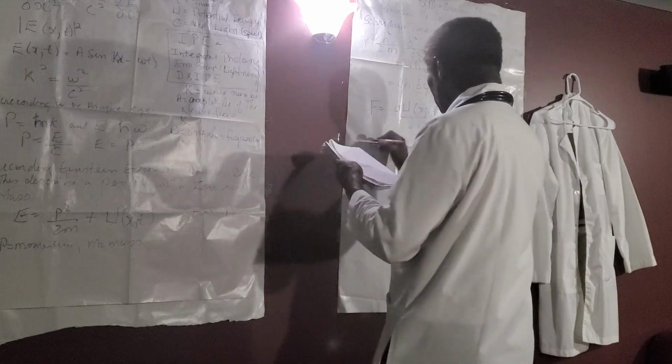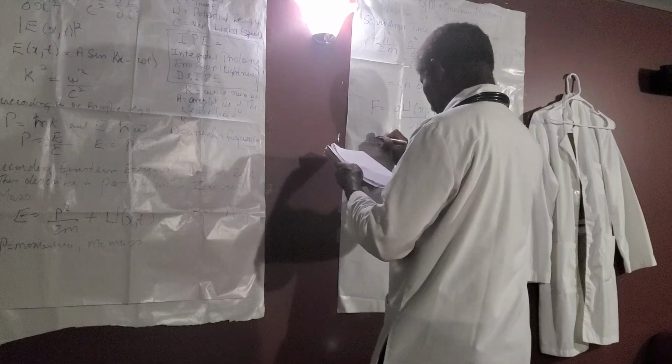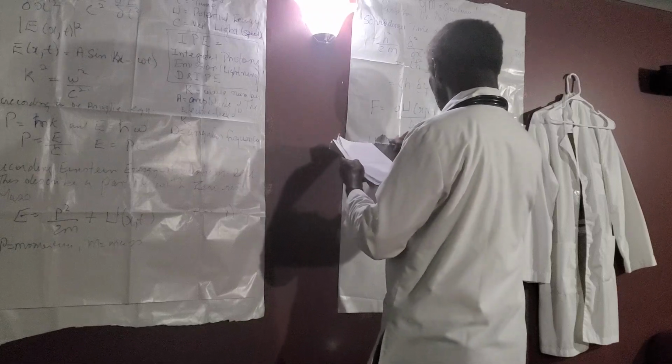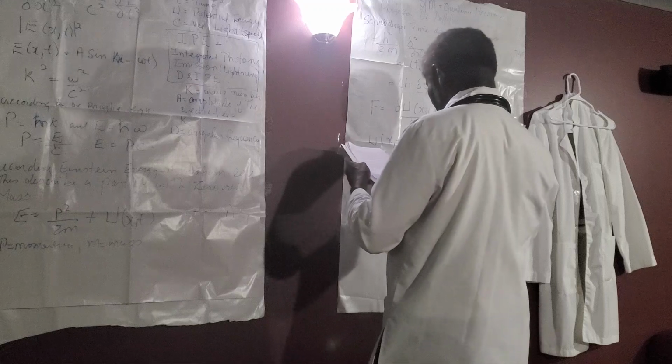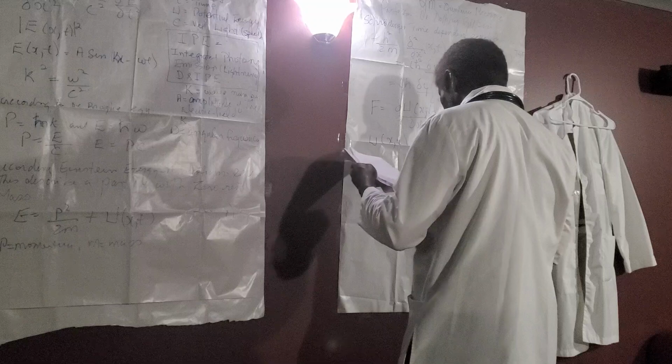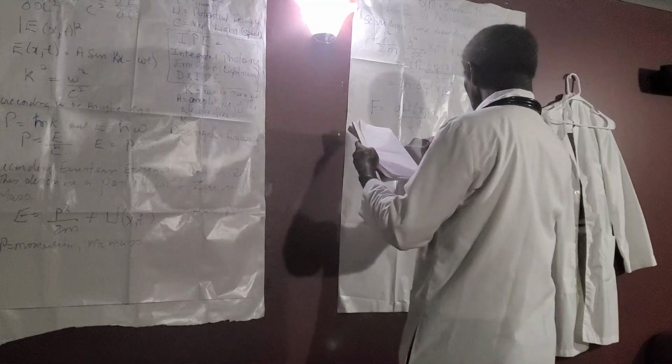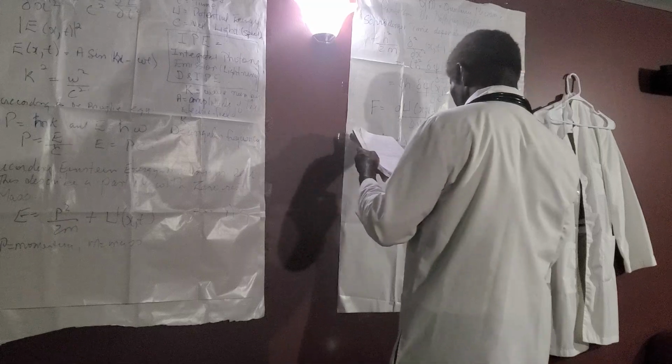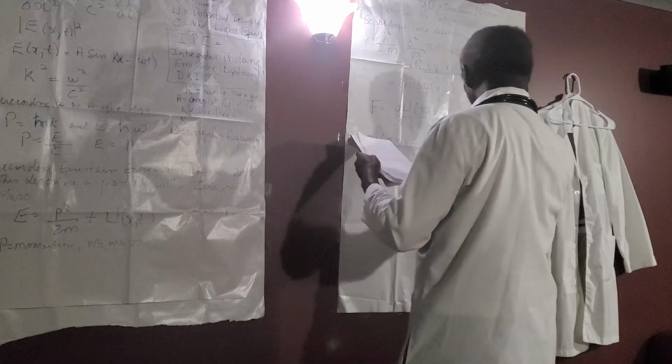Okay, now let us consider that U of x and t, and you know U is equal to potential energy, equal to a constant.